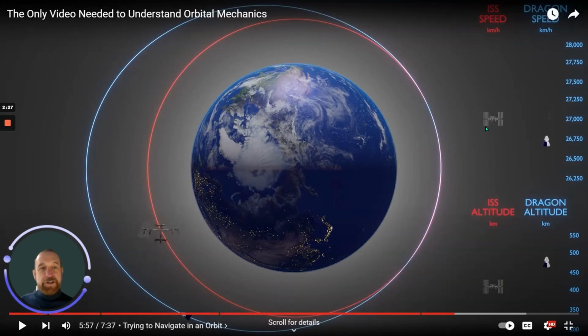You notice they started at the same orbit, and even though they weren't docked together, they were following each other. But now this added energy has changed it.